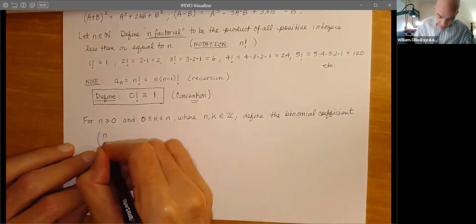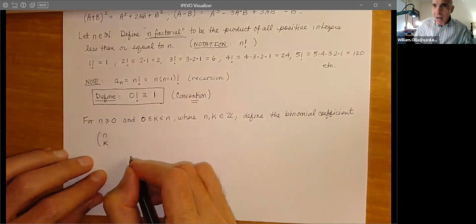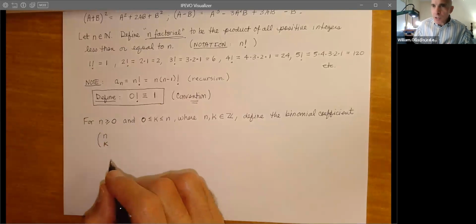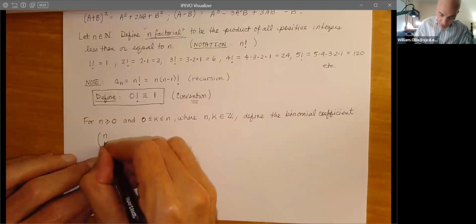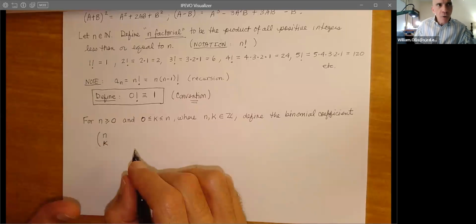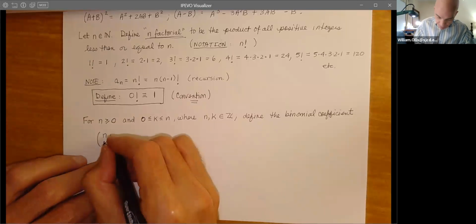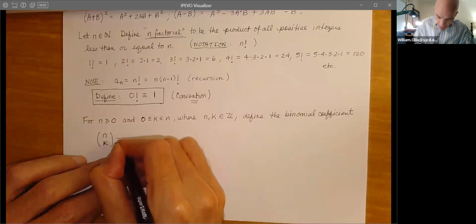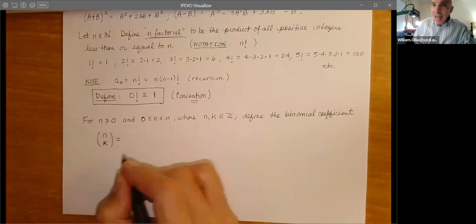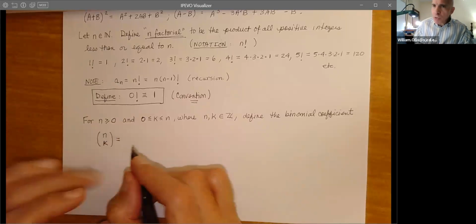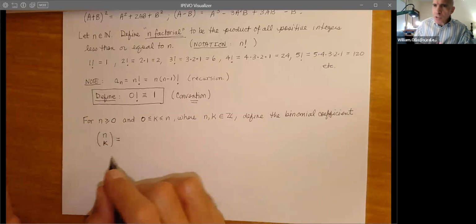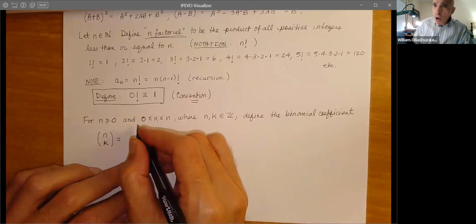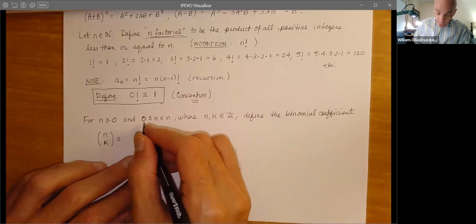So this is not something that's been, I mean, there's so many ways to write this and so many ways to think about a binomial coefficient, but we're going to focus on the number theoretic ideas. This will be defined as a falling factorial, and my notation is a little bit different from some of the works. I'm using a notation that I learned as an undergraduate at Carolina. It's going to be called the falling factorial.